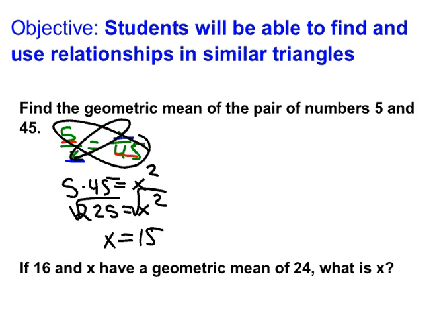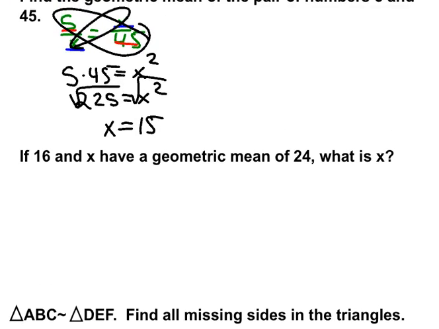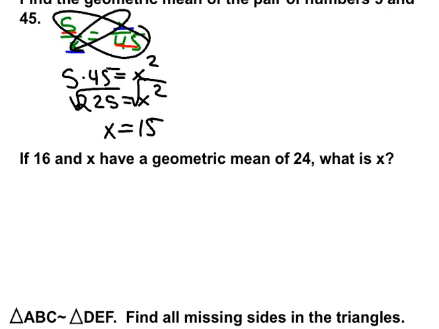So when we set up this next one, it says, if 16 and x have a geometric mean of 24, what is x? When I set this up, I usually skip ahead to that second line that we had. Two numbers that have a geometric mean, 16 and x. So 16 times x, the product of the two extremes, equals the square of the mean.